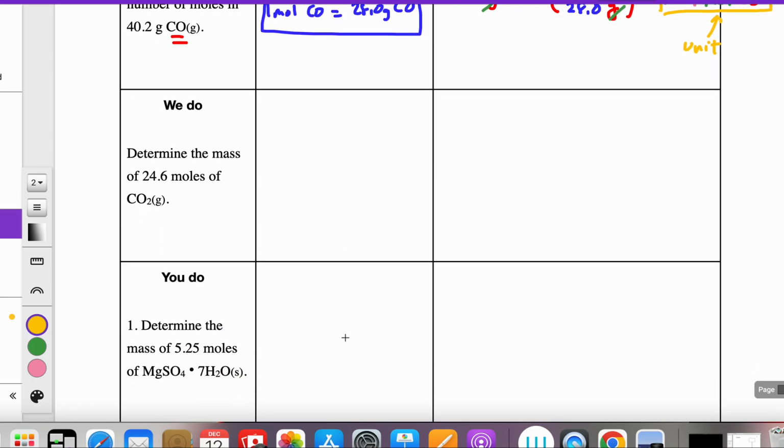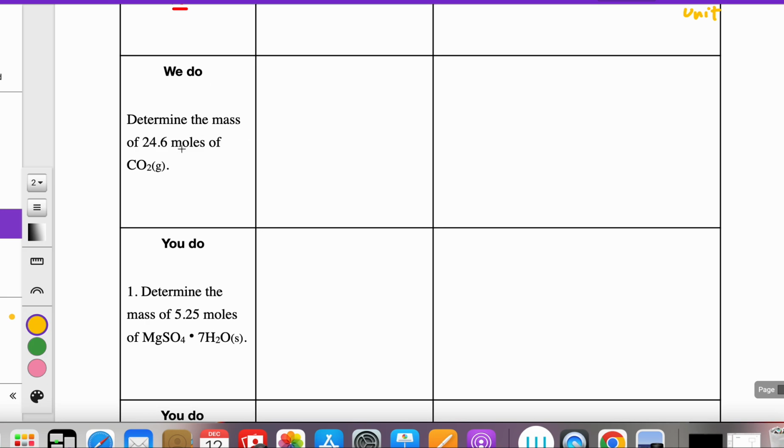So in the we do, it says determine the mass of 24.6 moles of carbon dioxide. Now in this problem, I need to go from moles to mass. So I start off with the mole value I'm given, 24.6 moles, and this belongs to a formula of CO2. I'm going to set up my dimensional analysis.